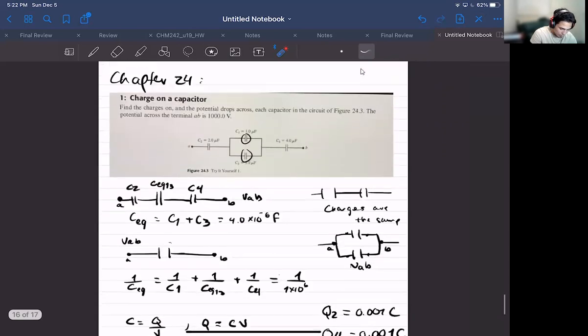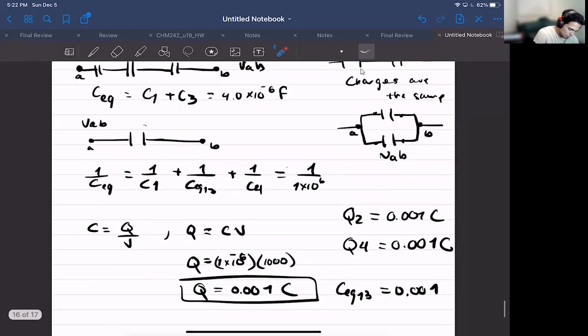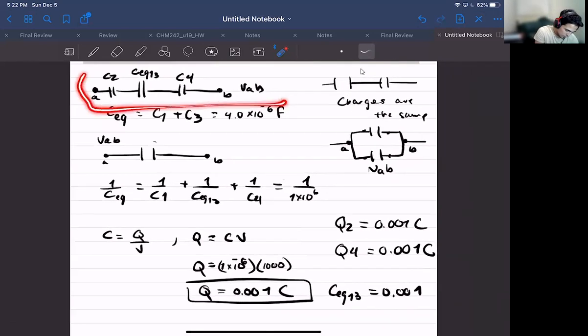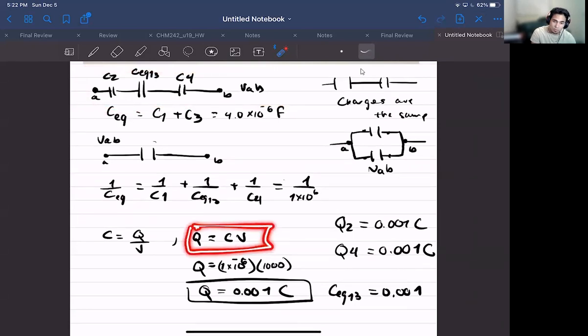So if we have that, then we can use the voltage across the whole thing to be able to find the charges, because we know that the charges in the series are going to be equal. So we use the equation Q equals CV, the capacitance times the voltage.